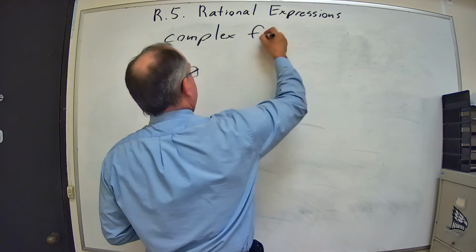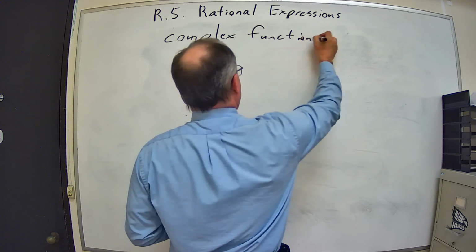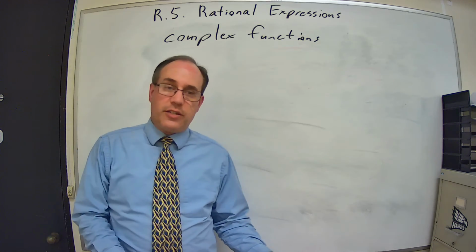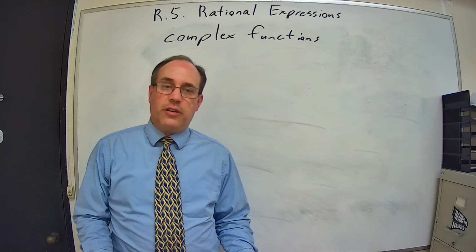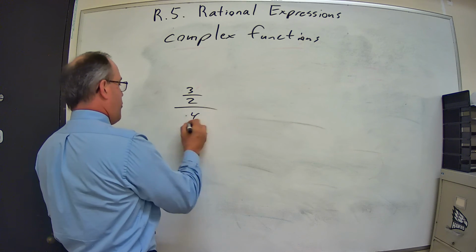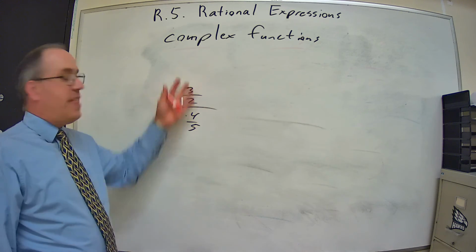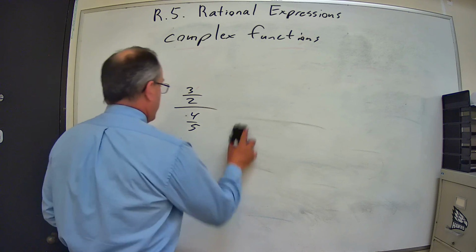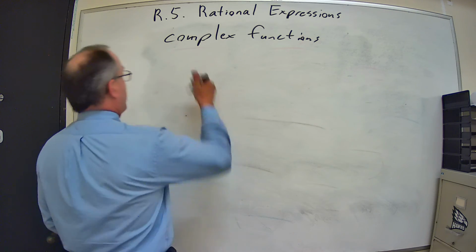Complex fractions. Well, what's a complex fraction? Remember, we've related all this stuff to fractions. A complex fraction, 3 halves over 4 fifths, right? That's a complex fraction. A complex fraction is the same thing.